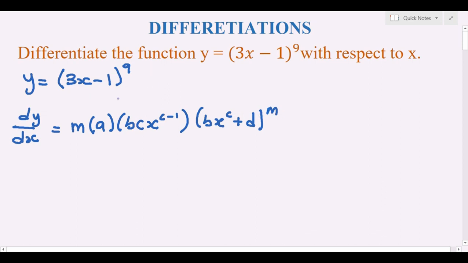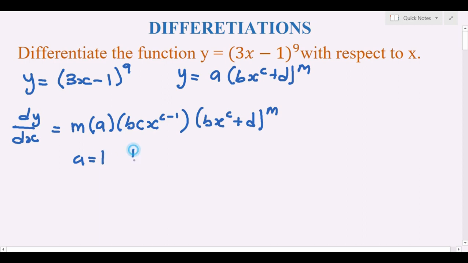Now, how do we bring this in? We say that if our y is equal to a into (bx^c + d) all raised to the power m. So let us start comparing. What is our a here? Our a is the coefficient before the bracket, which is 1.